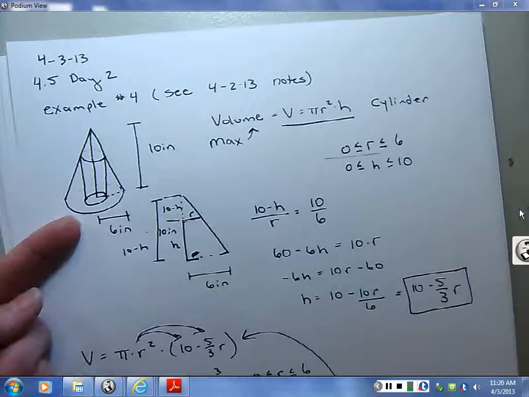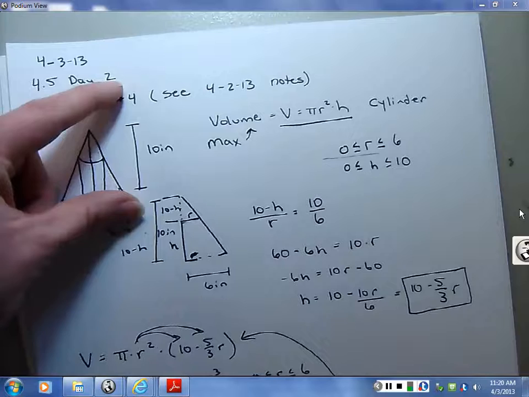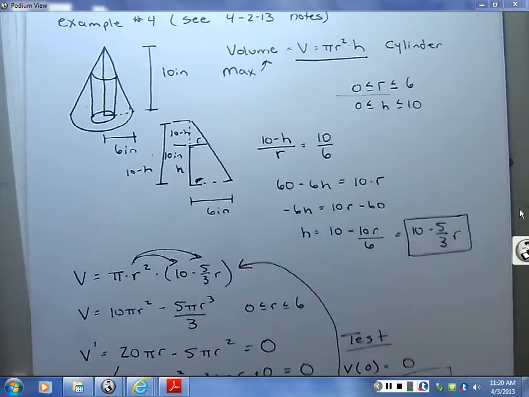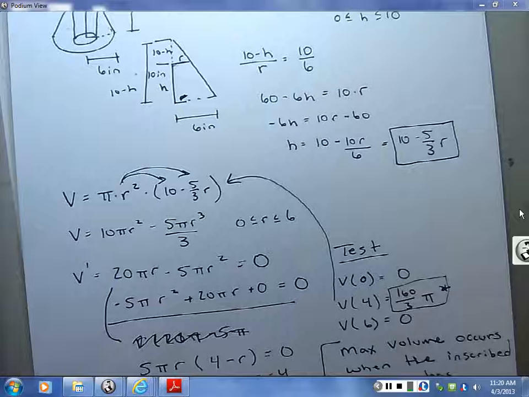For a different height here and radius here, your problem is going to be a little bit different, but the method of doing it is the same. You find the formula for volume, so volume is pi r squared times h for a circular cylinder.